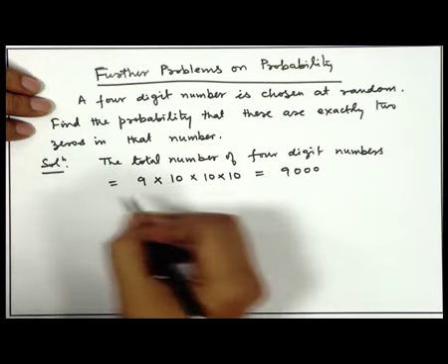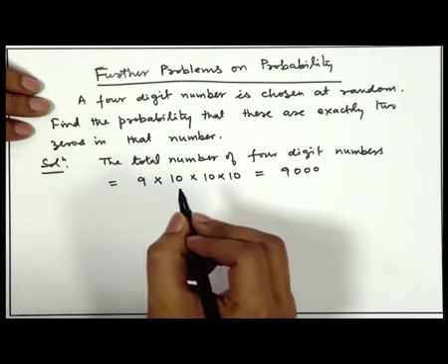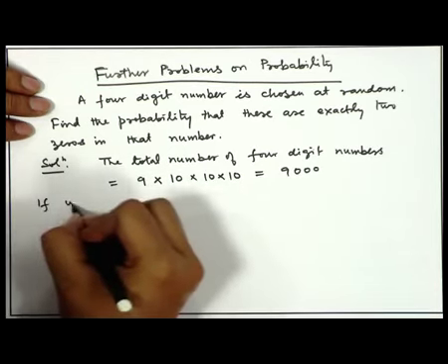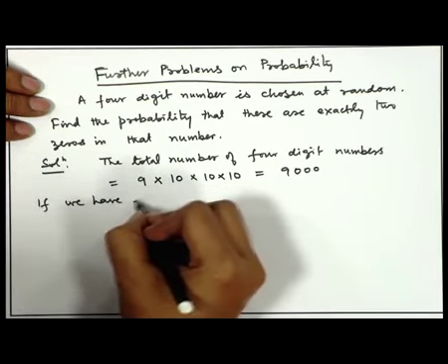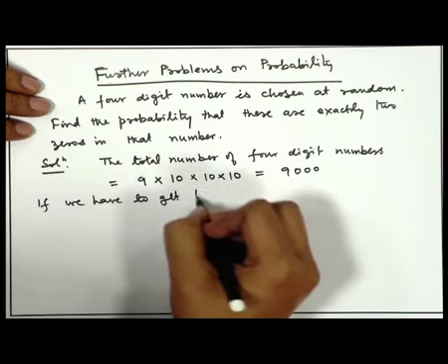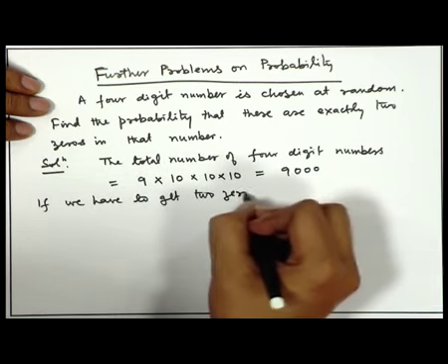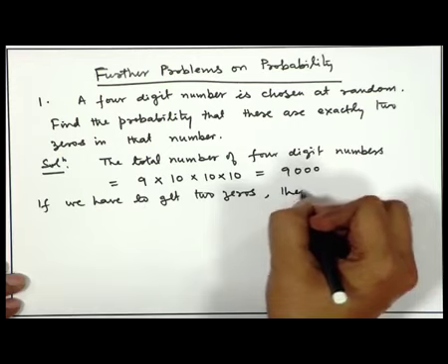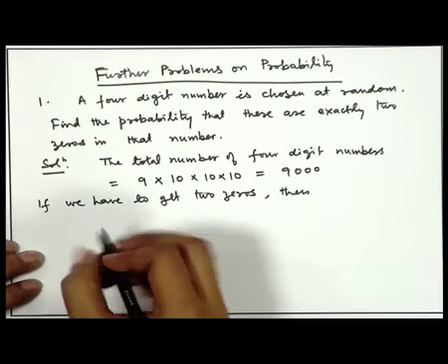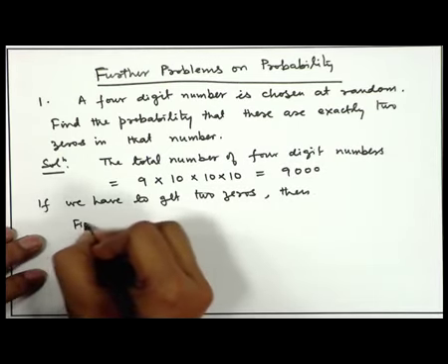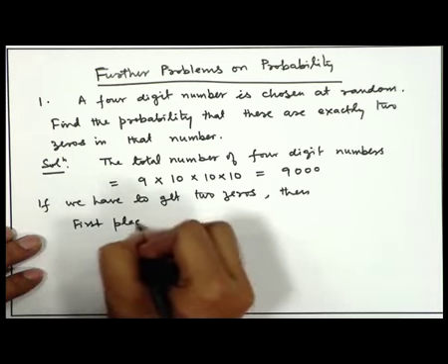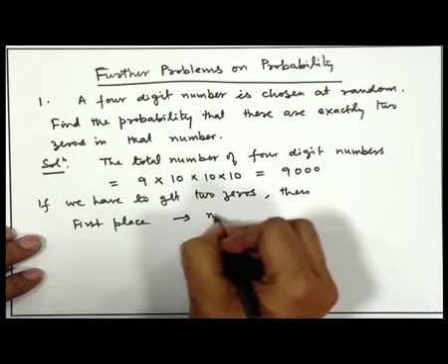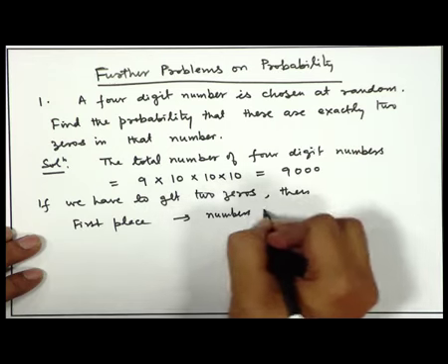Now, if there have to be 2 zeros in that number, if we have to get 2 zeros, then let us choose the places. First place, numbers 1 to 9.